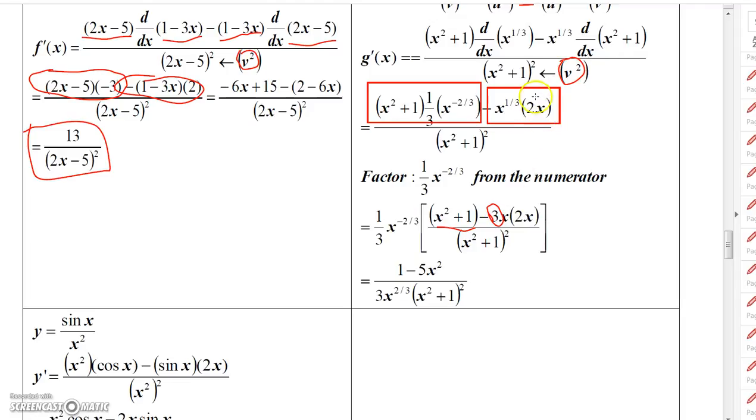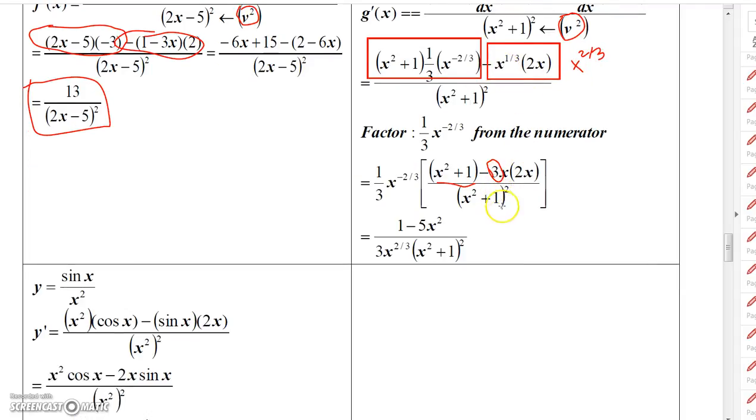And then also, if you divide this by x to the negative 2/3, it's the same as multiplying this by x to the positive 2/3. Well, x to the 1/3 times x to the 2/3 is just x. So if you're wondering where that extra x came from, it's coming from x to the 2/3 times x to the 1/3.